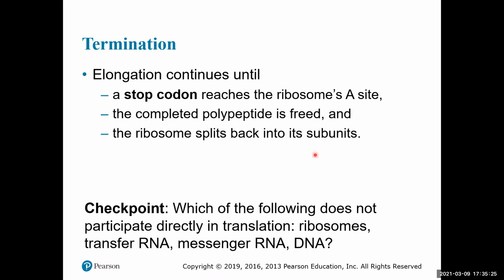And so elongation continues until you reach a stop codon. And remember, there are those three stop codons. And once that stop codon reaches the A site, the completed polypeptide is released, and then the ribosome breaks back up into its individual subunits.